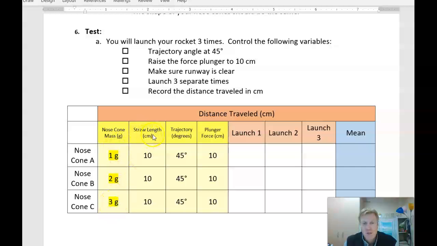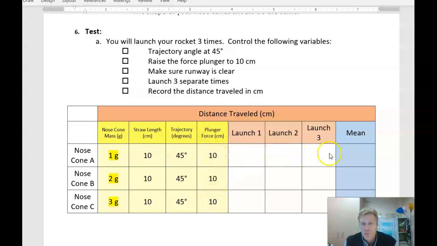The straw length will be 10 centimeters for all 3. The trajectory, the angle that we're launching, is about 45 degrees from the ground. So keep the trajectory the same for all 3. The plunger force, whatever force we're using to launch these rockets, needs to be the same for all 3 tests, and we're using 10 with the rocket launchers.